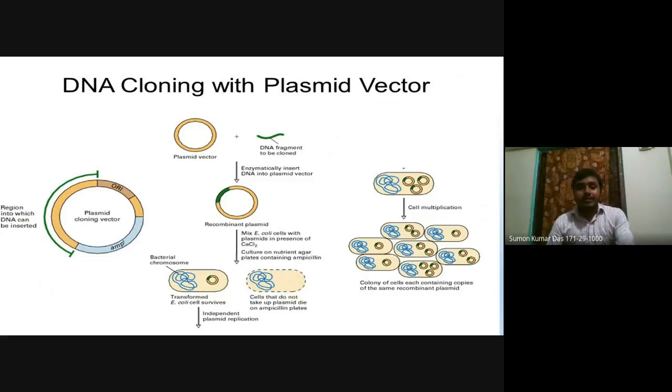In this figure, we can see that this bacterium is absent of plasmid. So, in the ampicillin containing media, this bacterium is not able to grow. By using this theory, we can easily identify our desired product, and this is a very crucial thing for us.